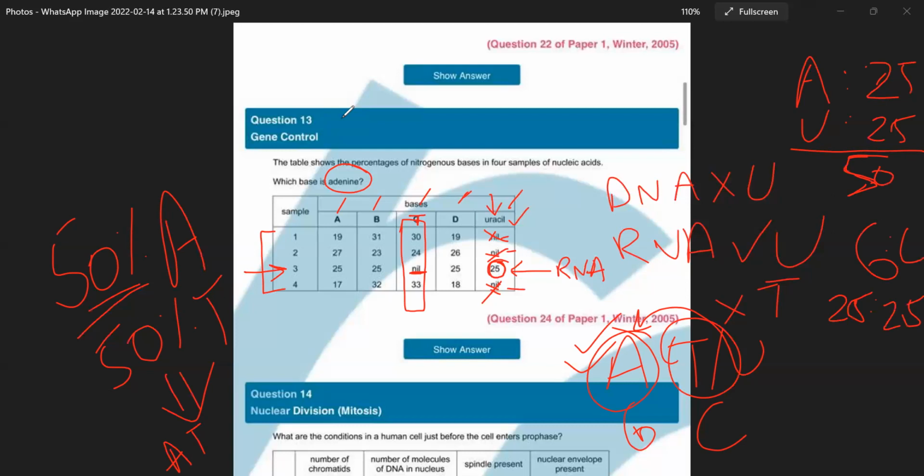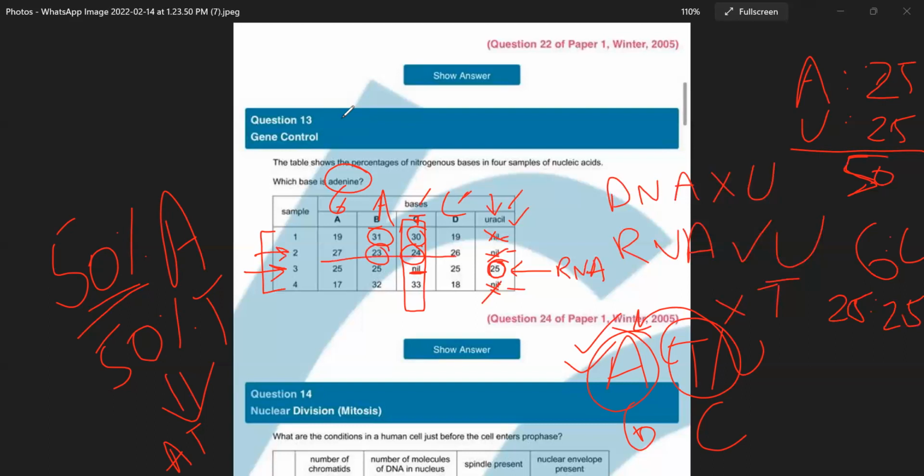If that makes sense, then what should also make sense is that if I have 30% of T, then the other 31% of mine should be A, shouldn't it? Yes, teacher. Because the equal numbers are pairing, G and C can be either of these. If I have 24 of this over here, I should have something close by. Now, number 2 is also here to confuse you because these are all in line.